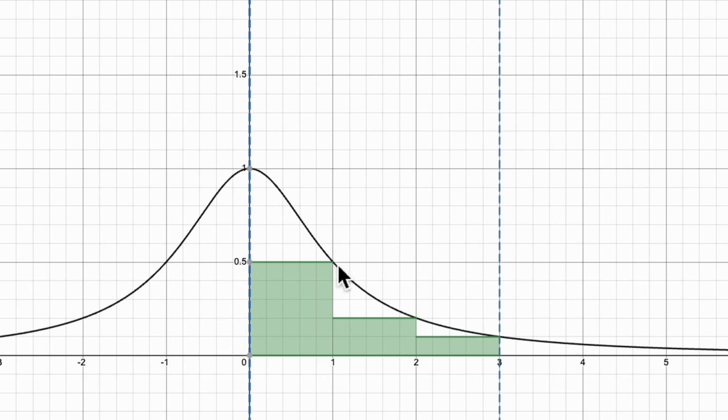And then we use the right Riemann sum, that is from this 0 to 1, we take the value at 1 here, which in this case would be 1/2 for the y value. So this rectangle is going to be less than the area under the curve for this segment. Since the function is strictly decreasing, at each step, the Riemann sum, which is represented by the green shaded rectangle, is going to be strictly less than the true integral value.